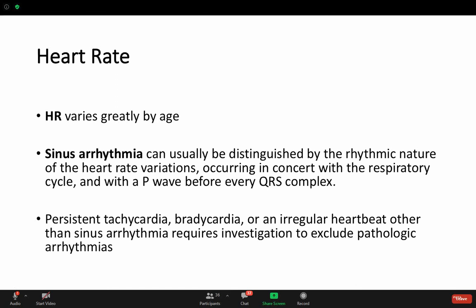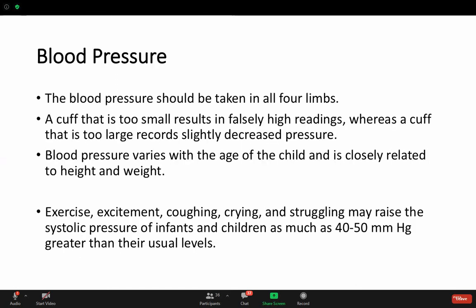فكلها تحتاج assessment. The blood pressure should be taken in all four limbs. الأهم على الأقل one upper and one lower. إذا ما تسوي في الفور limbs at least تسوي one upper and one lower عشان تشوف في difference ولا لا. وقلنا إذا في difference of more than 10 millimeters زي في الفيديو this would suggest coarctation.